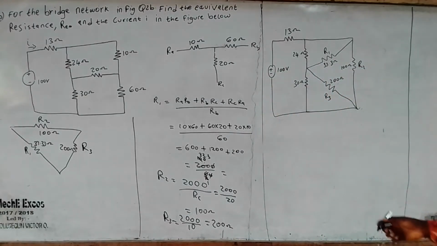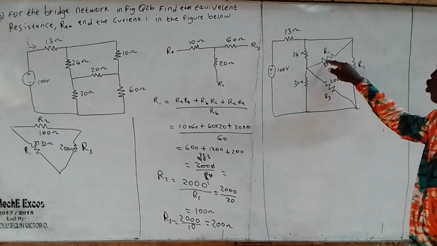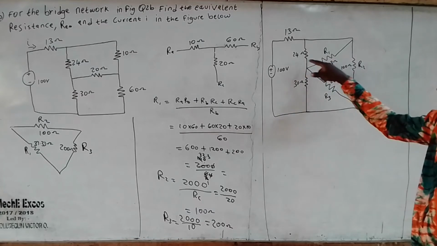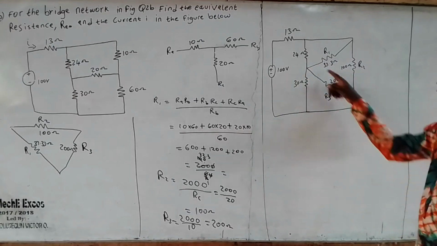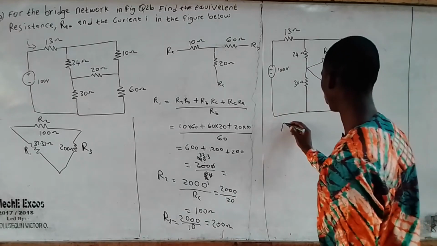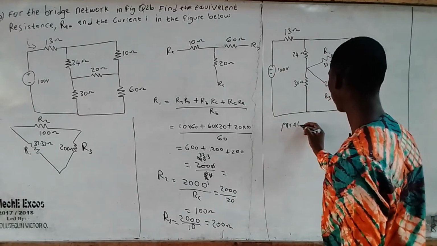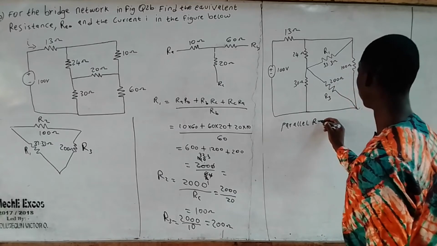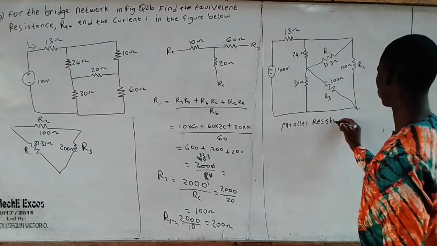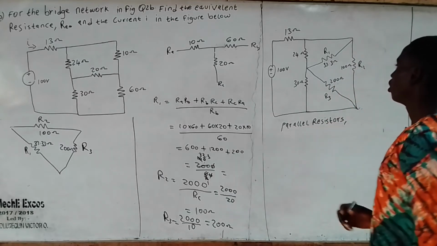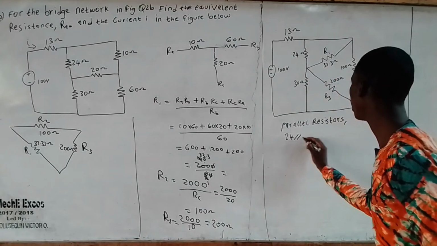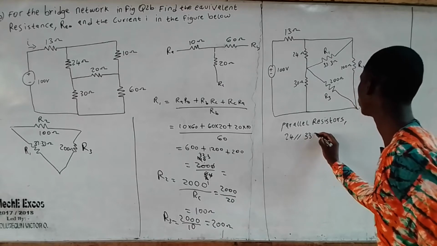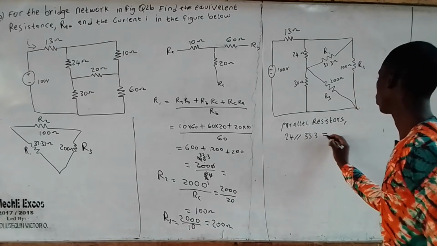Now let's solve. Now in resistors, these two are in parallel. These two are in parallel. So we're going to solve these two in parallel. We'll talk about the parallel resistors now. For parallel resistors we have 24 parallel to 33.3 ohms.